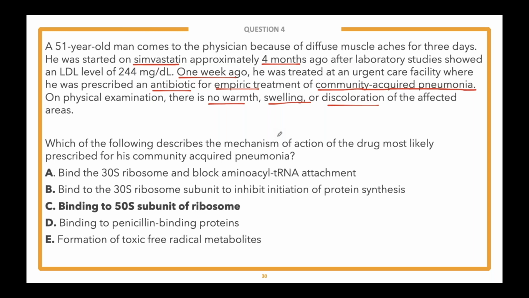And so this one is actually kind of tricky because we need to think a little bit about the pharmacology beyond antibiotics and think about simvastatin. If you guys remember, I know this is a little bit bonus points because we're doing micropharm here, but what exactly do statins do?